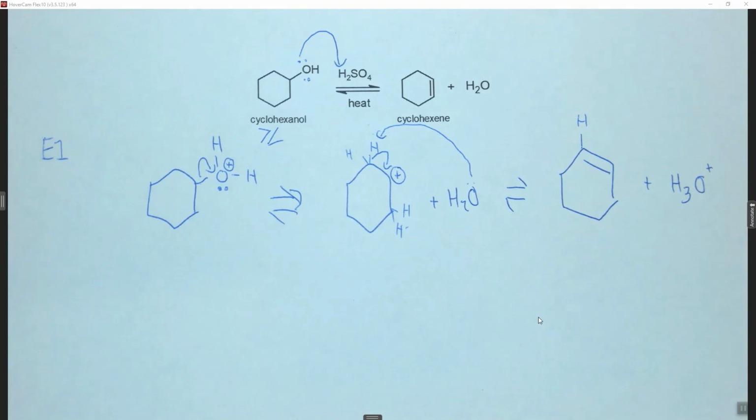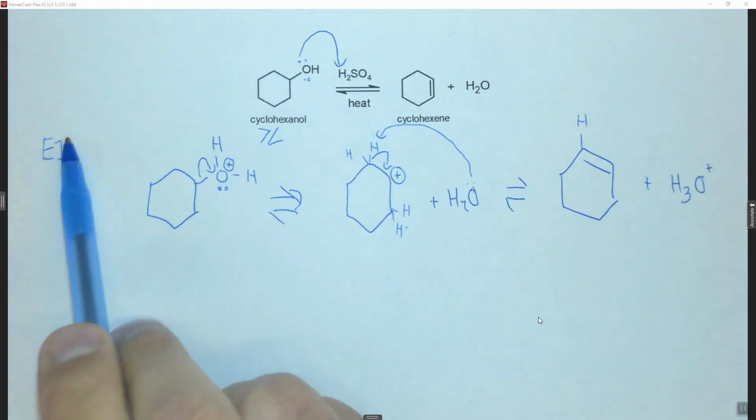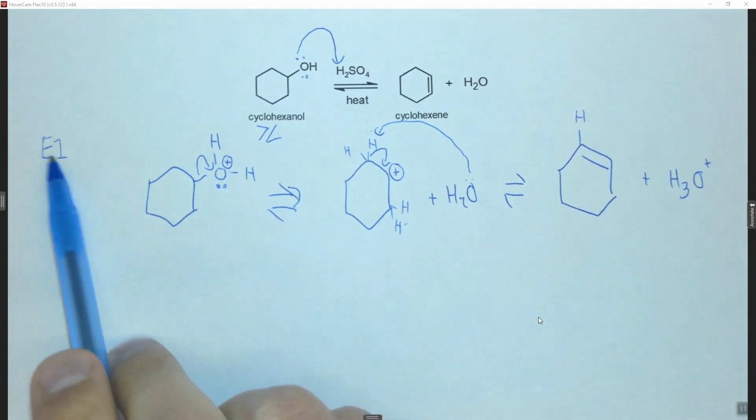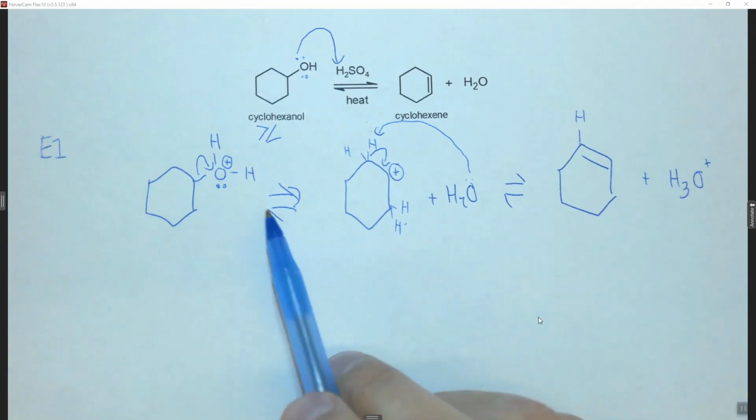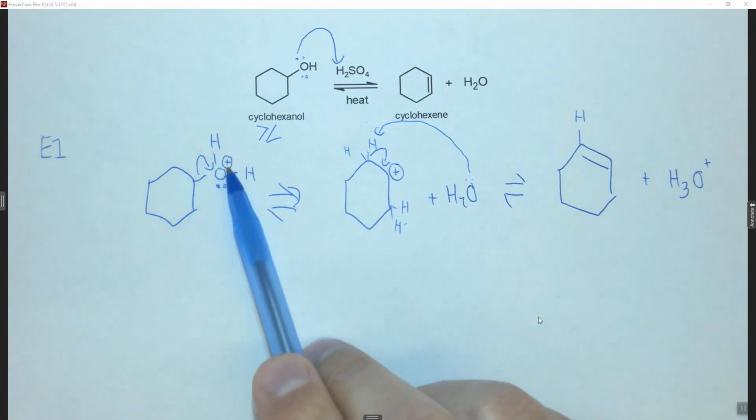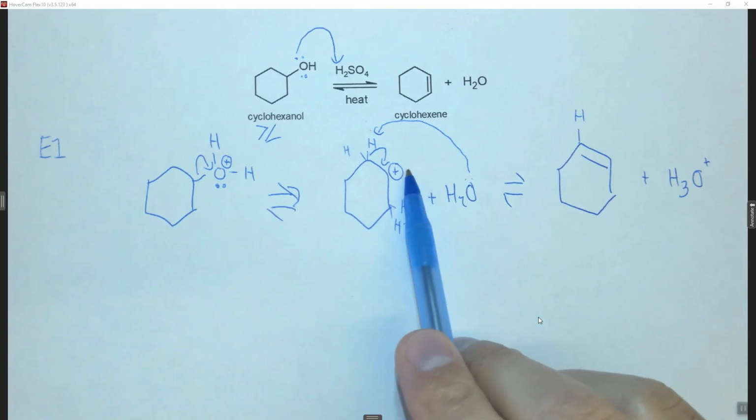Again, we don't need to worry about Zaitsev's rule, which says that we'll form the more substituted alkene, because in this case, we don't have a difference. It's symmetrical, but that does come up on the post-lab questions. We'll also note that this is an E1 mechanism. Why is it an E1 mechanism? It's an E1 mechanism because the water leaves forming the carbocation.